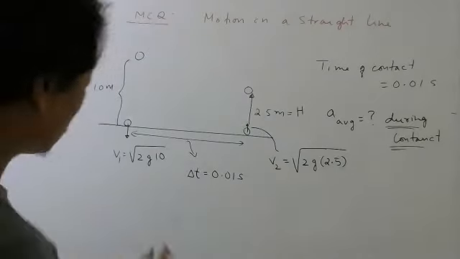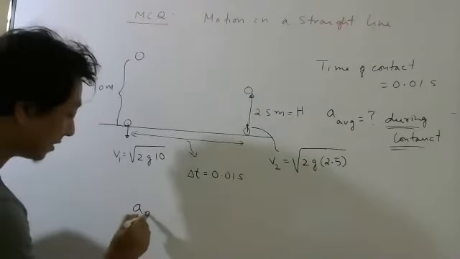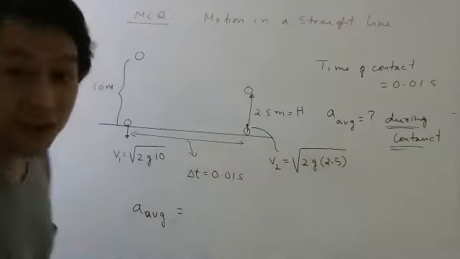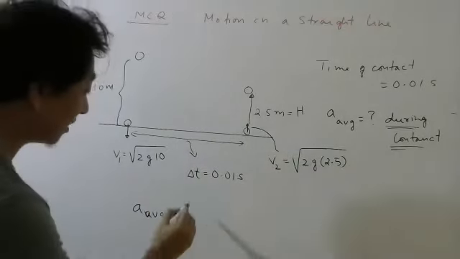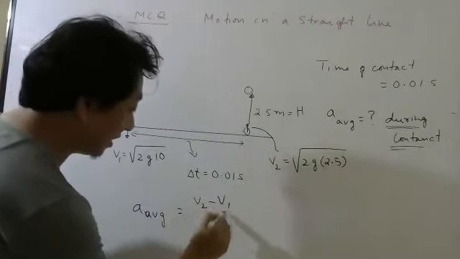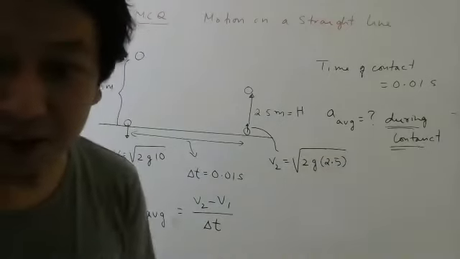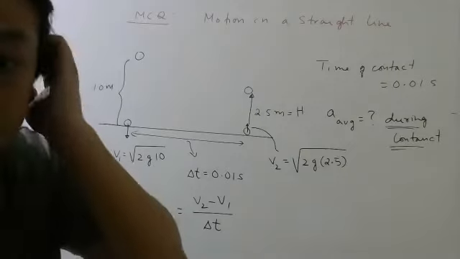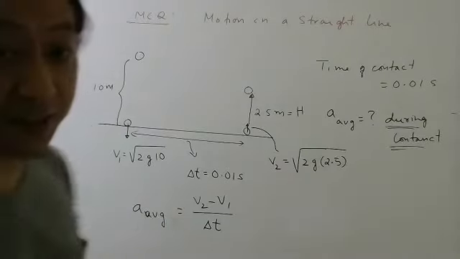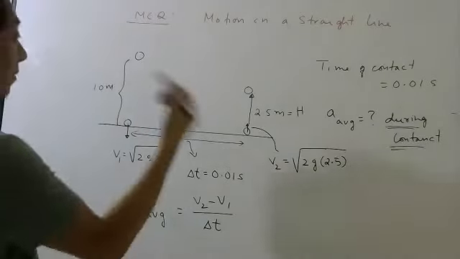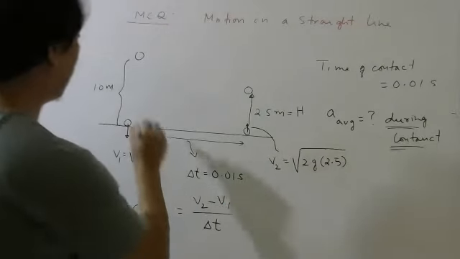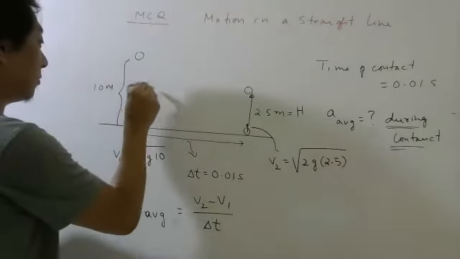This much. So what will be the acceleration? What is the formula for acceleration? Average acceleration is change in velocity divided by time interval. Right or not? But one thing you have to be careful about is direction. Which direction you want positive, that you have to decide. So let me take down positive.